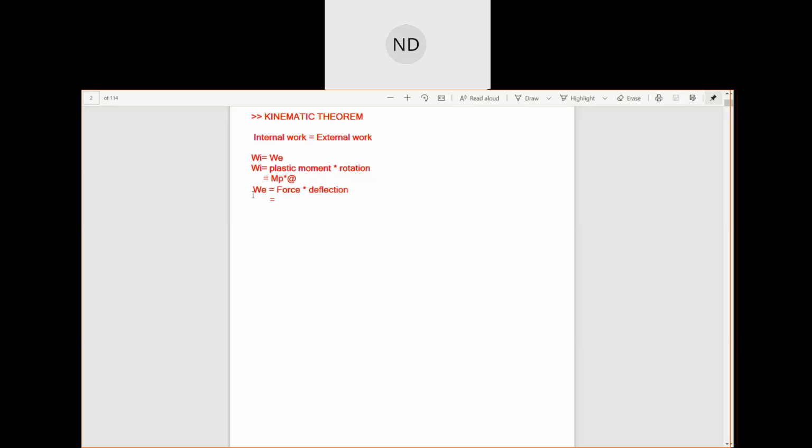Force is nothing but your load, so we can write it as P. In any beam you find, the load is given to you as point loads. So your force P, that is your load, into your deflection. Your deflection is given by delta.